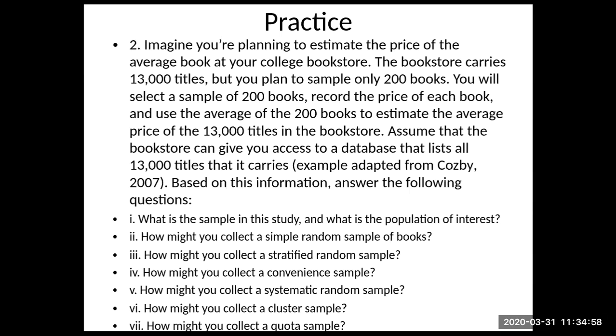Well, if the list of 13,000 is numbered, we could just randomly pick 200 books from this. Or we can do it in a systematic way. We can just go to every 20th book or something like that in the list until we get to 200.